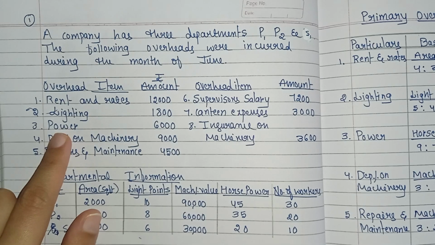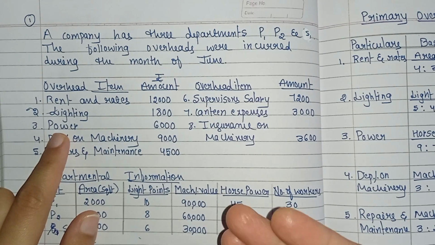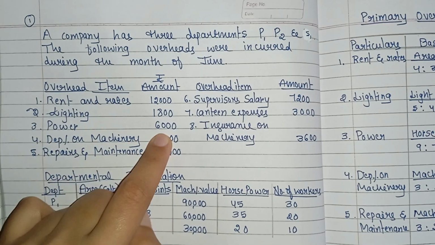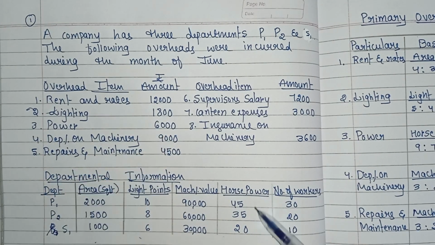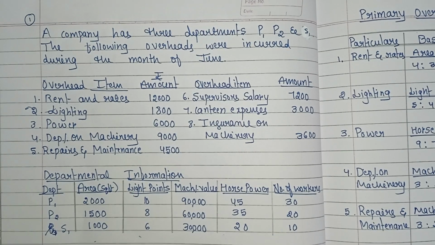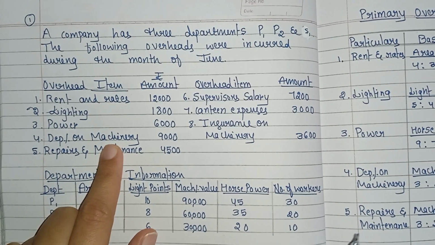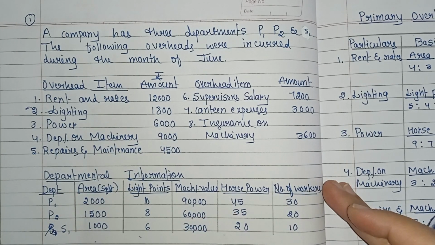Next one is power. Power charges depend on the machine power consumption. Clear? Machines with higher HP consume more power. So here power, that is rupees 6,000, we need to distribute on the basis of horsepower. And next one, depreciation on machinery. Depreciation is calculated based on the cost or value of machinery.